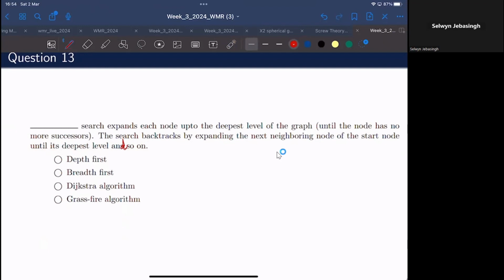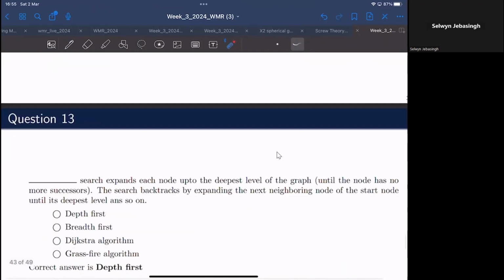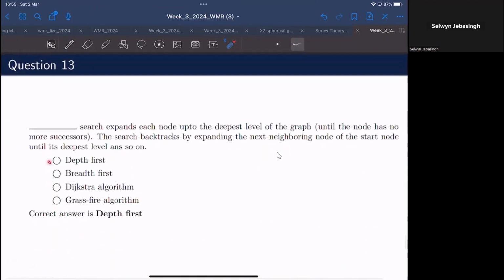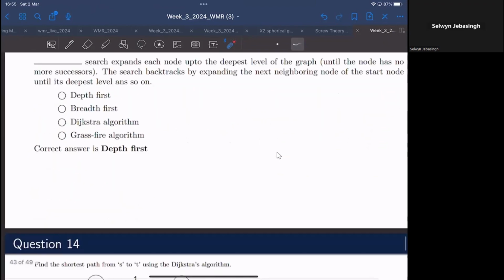This is also a defining feature of the depth first algorithm, because the expansion goes on to the deepest level until there are no more adjacent nodes, then it will backtrack and propagate through a different branch till it reaches its deepest level. This goes on until it reaches the goal position. So that is indeed a feature of the depth first algorithm. Depth first is indeed the correct answer.